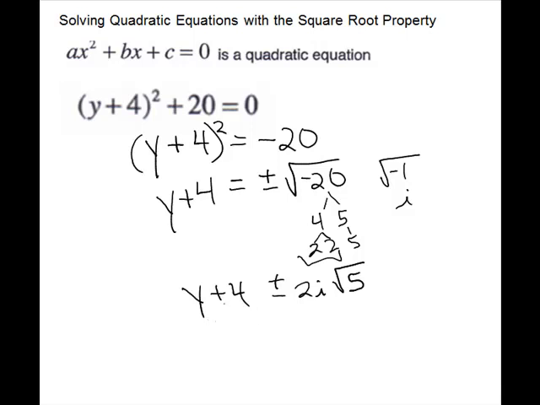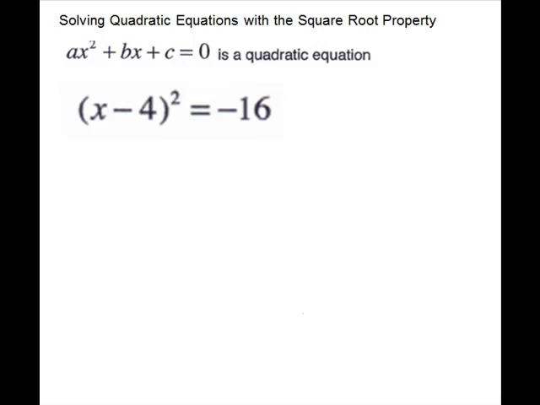So I will subtract my 4 from both sides. I'm going to do it in front of the plus and minus, so it will go with each one. So y equals negative 4 plus or minus 2i times the square root of 5.